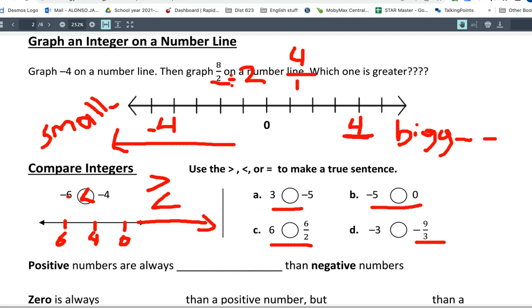So positive numbers are always blank than negative numbers. So we're gonna put greater than, or bigger than. So greater than is the same thing as saying bigger than. So we are gonna do greater.